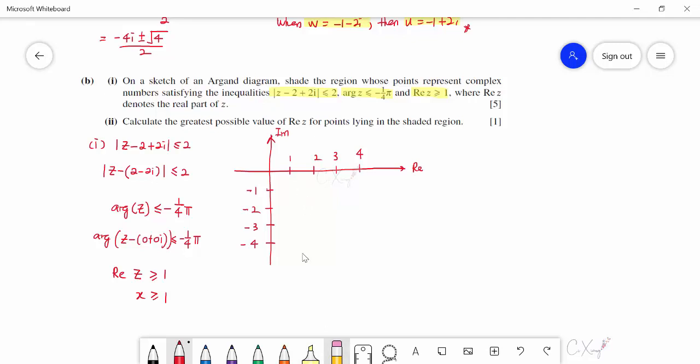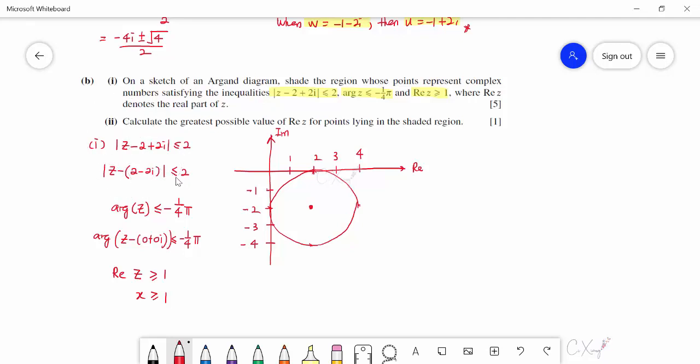From the first inequality here, you can see that the center is 2 and negative 2, and the radius is 2. So the center is 2 and negative 2, it should be somewhere here. And the radius 2 means that you pass through this point, this point, this point, and this point. I just roughly sketch it out and try to make sure that your circle looks like a circle. All right, so this is my first one.